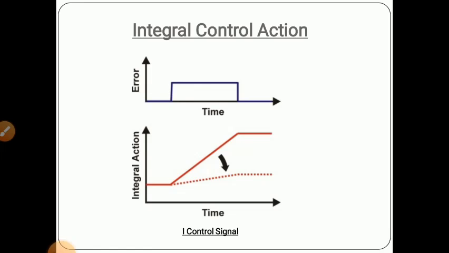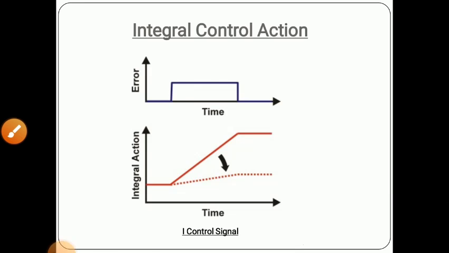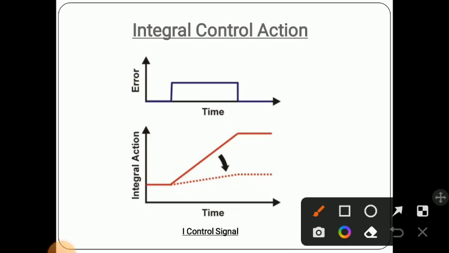So here you check now. When the error is 0, just as we read, the control signal is a constant value. And when the error is constant, the control signal varies at a constant rate. Here the error signal is constant like this, so the control signal varies at a constant rate.